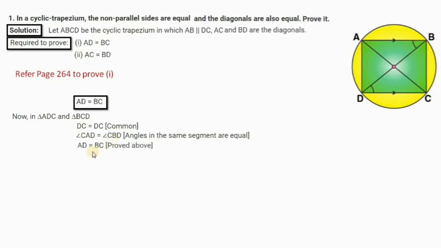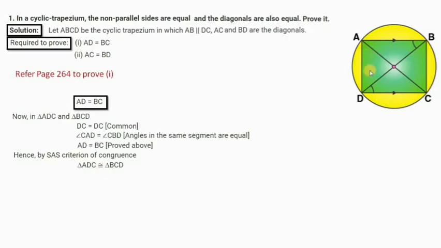Now next, AD is equal to BC, which is already proved in the first part. So AD and BC both are equal. Let us see once again. We have this side and this angle. Using the SAS criterion, triangles ADC and BCD are congruent.